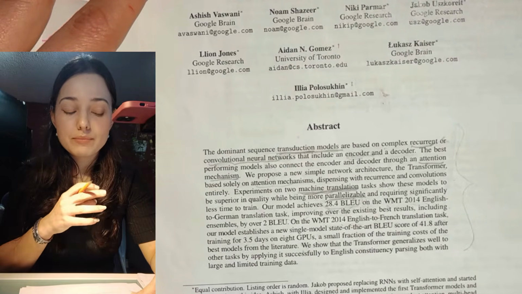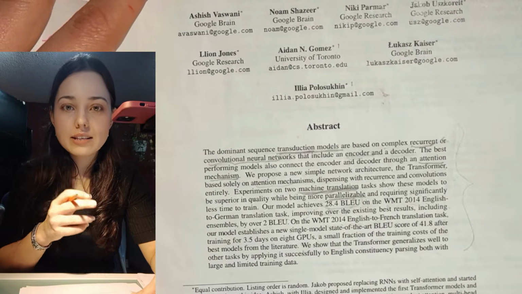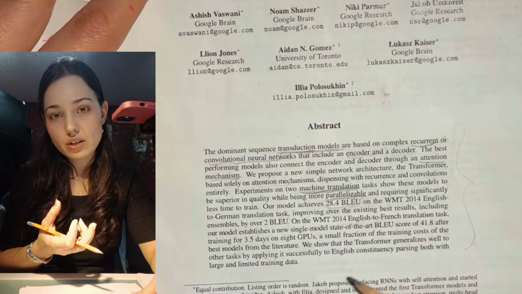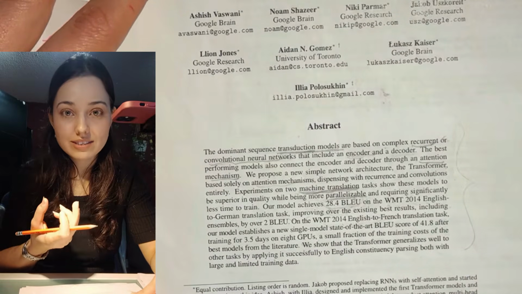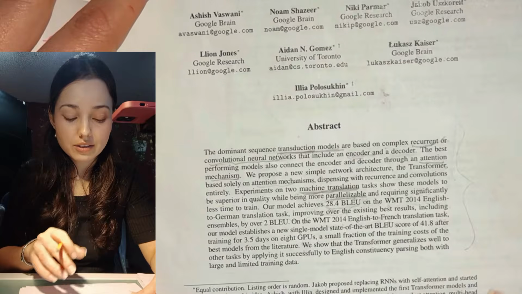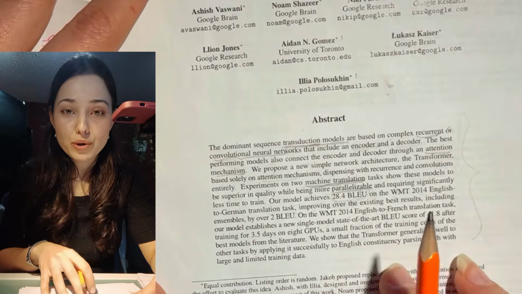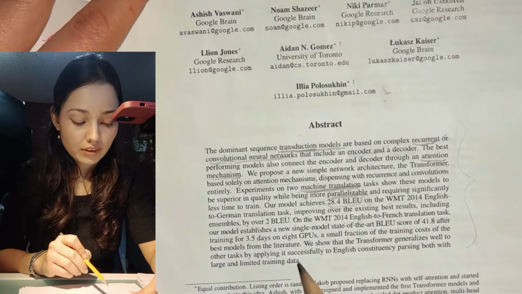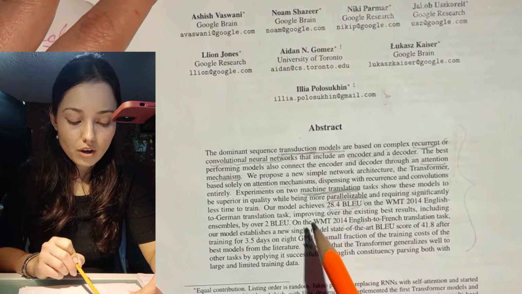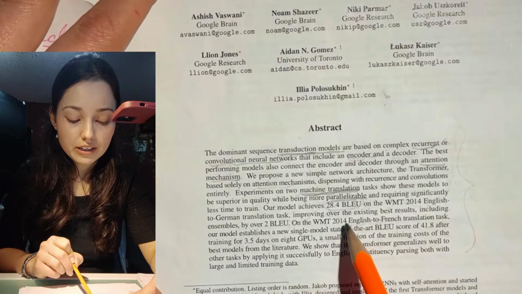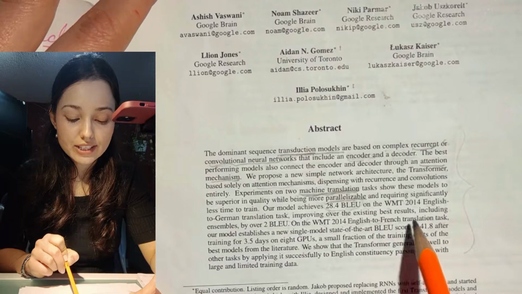And you would make them perform the exact same task, and then in the end you would average the result. And ensemble learning pretty much always leads to better results than just independent models, okay? But they're saying this even outperforms ensemble learning. For over 2 BLEU, on the WMT 2014 English to French translation task.